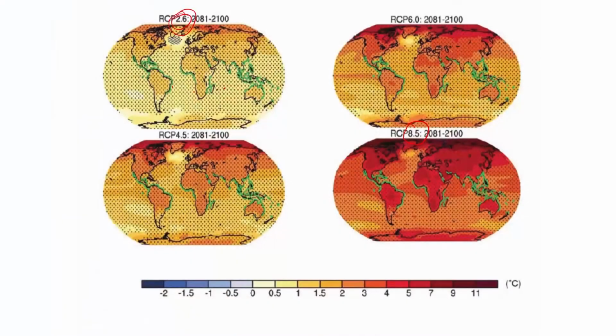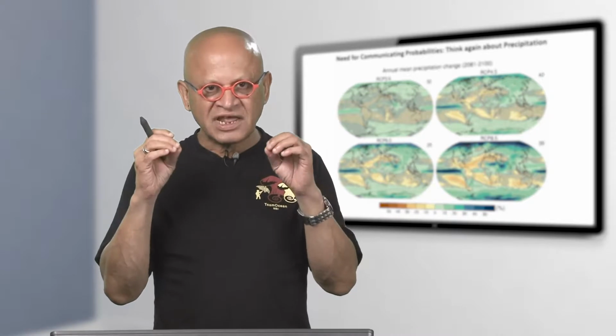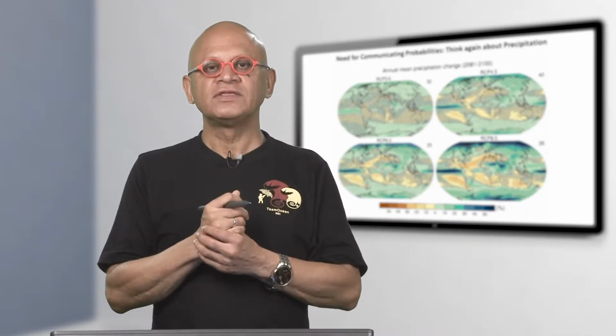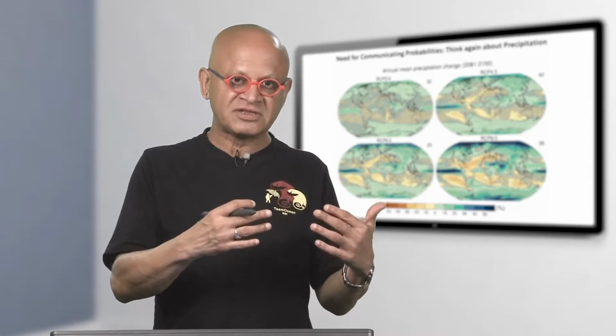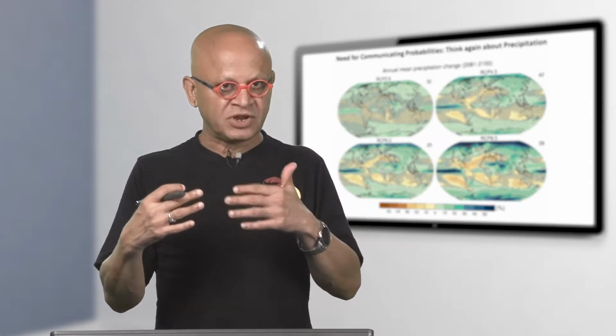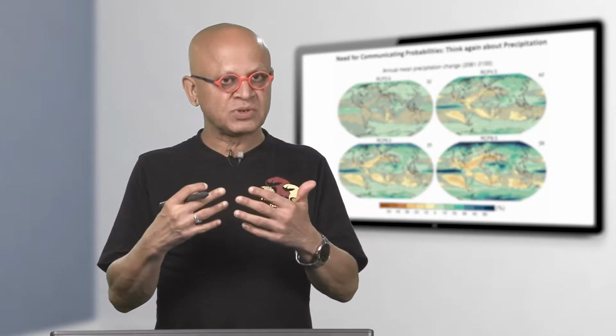When it is hatched like this, that means the confidence is not as high, or it means that the projected change is within 1 standard deviation of the natural variability, which means you cannot say that is a change with great confidence.